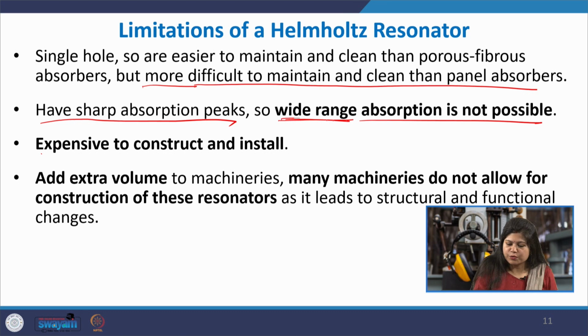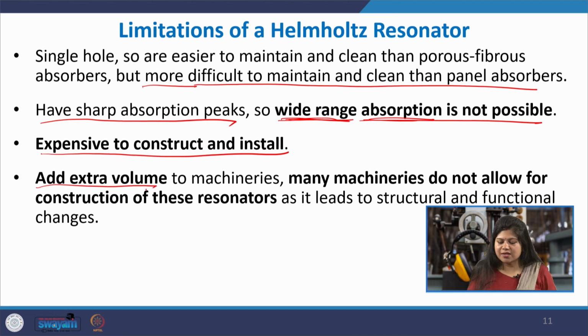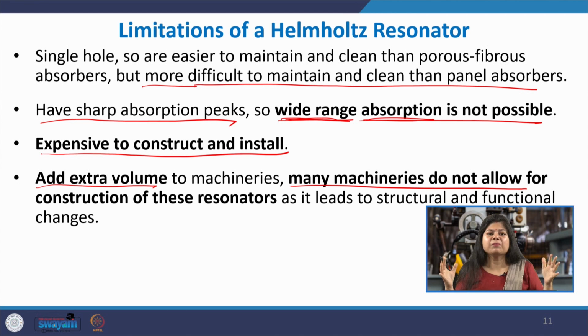Wide range absorption is definitely not possible because of the very sharp peak, and it is expensive to construct and install in a machinery. It adds extra volume to the machineries, and in many machineries the design is of prime importance, dictating the function of the machinery. There it is not always possible.